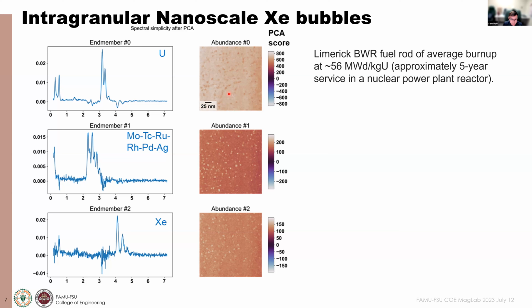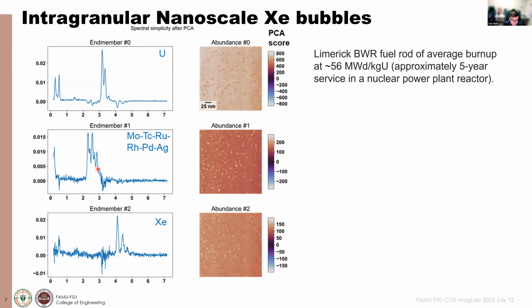So how can you distinguish different components from these X-ray signals? One way is to rank all these different types of signals through the PCA score. We call these different abundances, named by number.